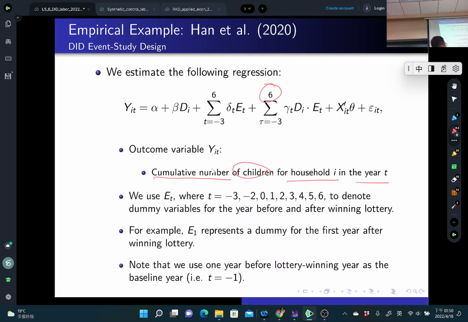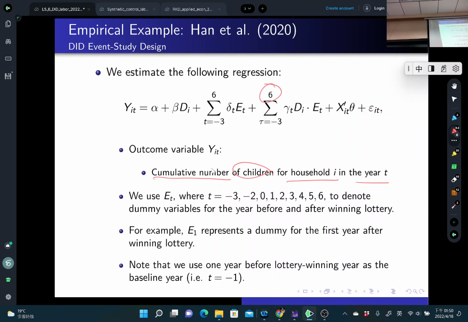So the key variable is this event time variable. As I said before, this ET is the dummy variable for each year. The timing concept in event time is the reference year. We recenter all the years to the winning year.